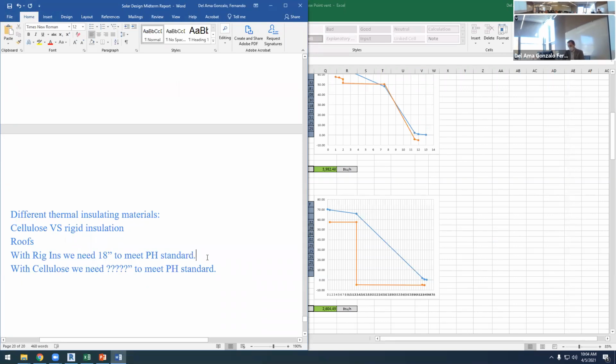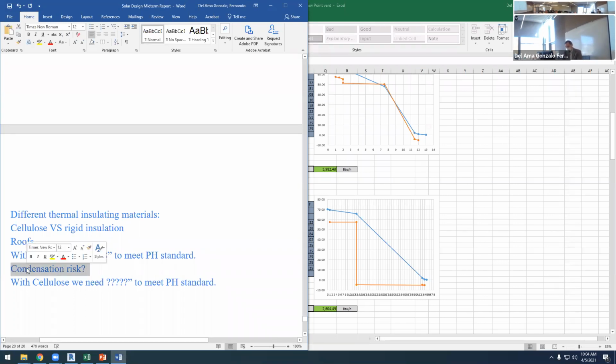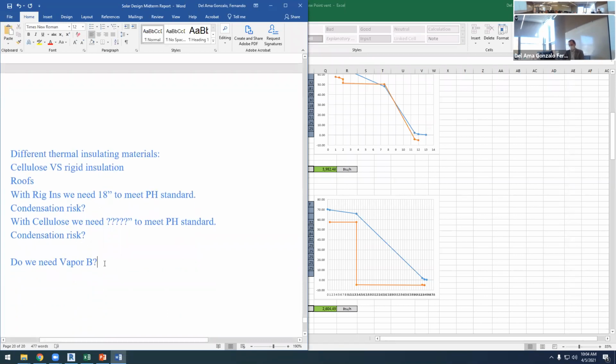Okay, with rigid insulation, what about the condensation risk? And what about the condensation risk with cellulose? Do we need vapor barriers? Okay, so these can be conclusions.